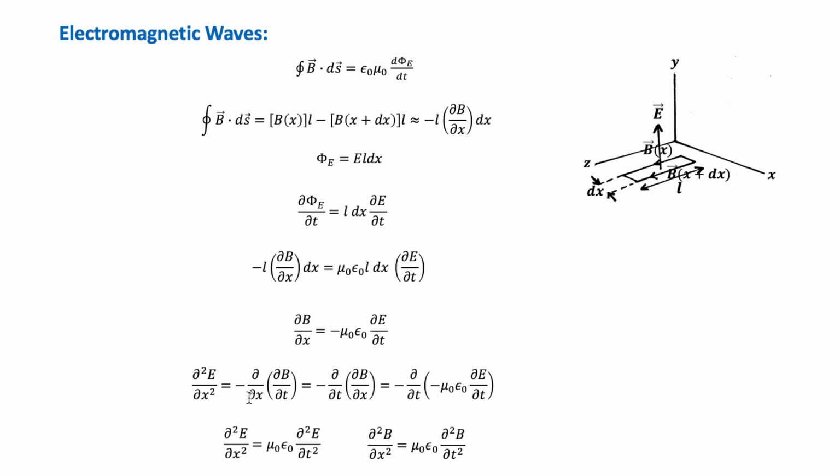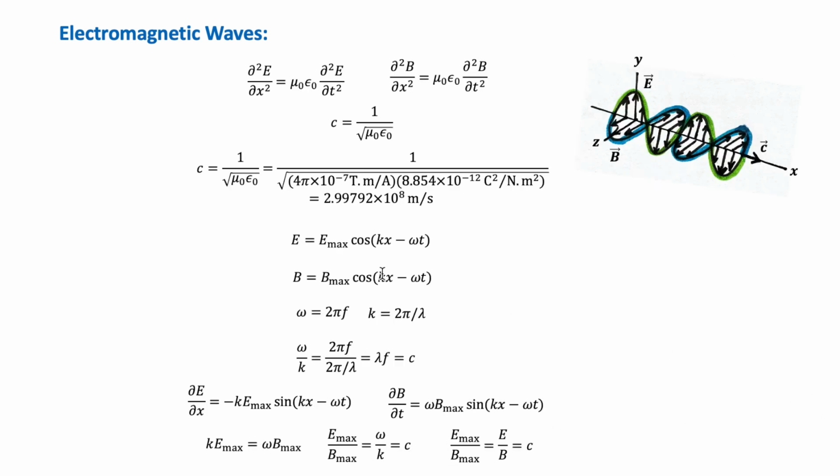Then we can change the variables and substitute for partial B by partial x with this expression, and we finally get this equation. In a similar manner, we can get the equation for B. Both of these equations have the form of a linear wave equation with the wave speed v, which is named here c, given by this expression.